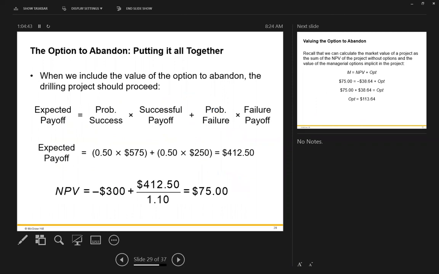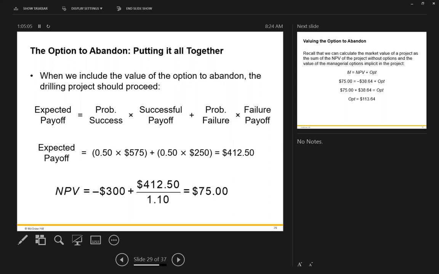So now, when we start looking at this option, watch how our net present value and our expected payoff changes. So if we succeed, we have a 50% chance of that, 50% of 575. But if we fail, the payoff will be $250 because we'll get that as salvage value.